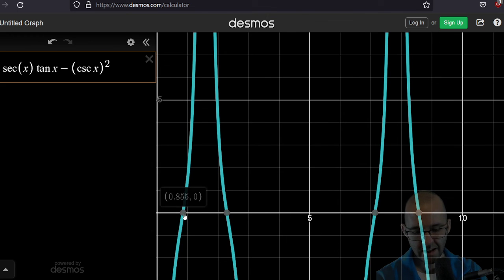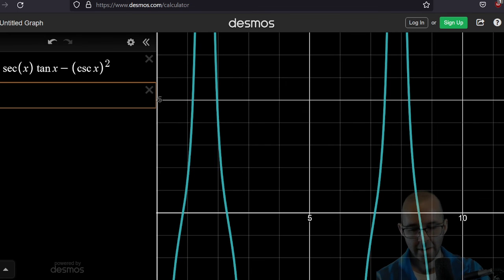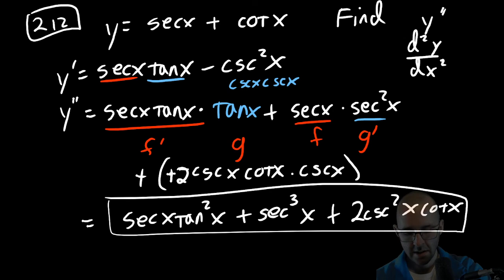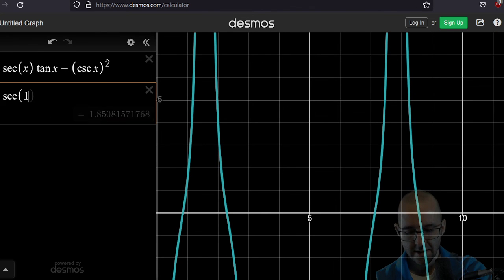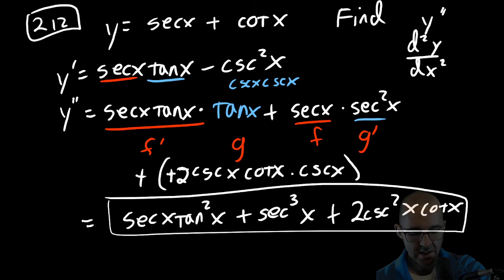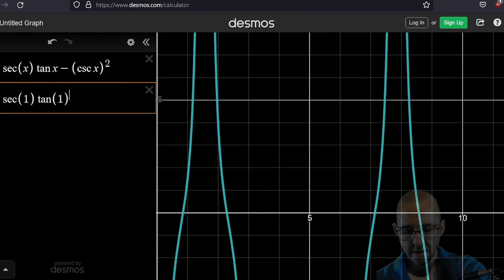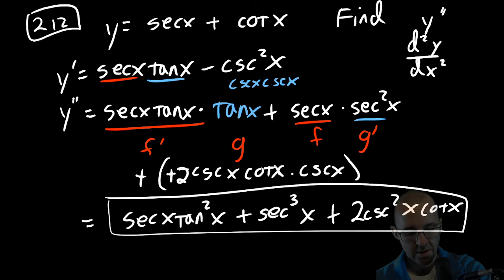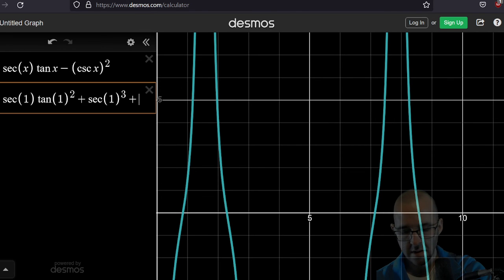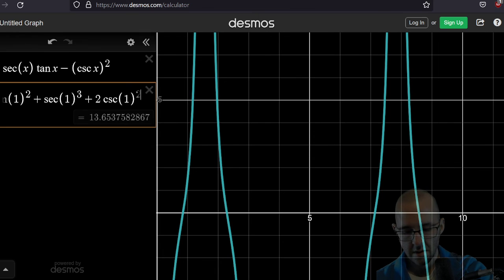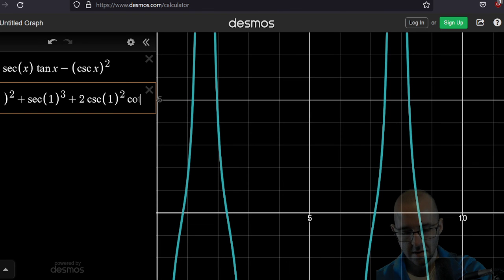All right, and then we could just find like a tangent line at some nice point. Actually, it doesn't matter where we have the tangent line. But the slope is just going to be, let's just choose 1. When x is equal to 1 is the second derivative, which is the derivative of the first derivative. Secant of 1 times the tangent of 1 squared plus secant of 1 cubed plus 2 cosecant of 1 squared times cotangent of 1.